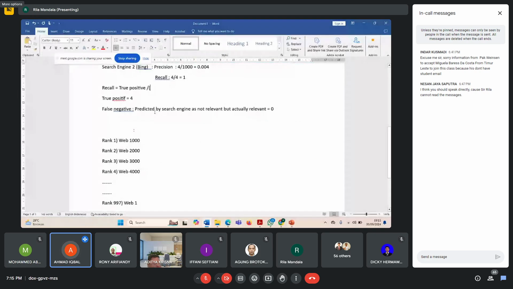False negative is 0, right? So how many true positive? 4. 4 divided by 4 plus 0, which is actually equal to 4 divided by 4, equal 1. The same, right? Same result.